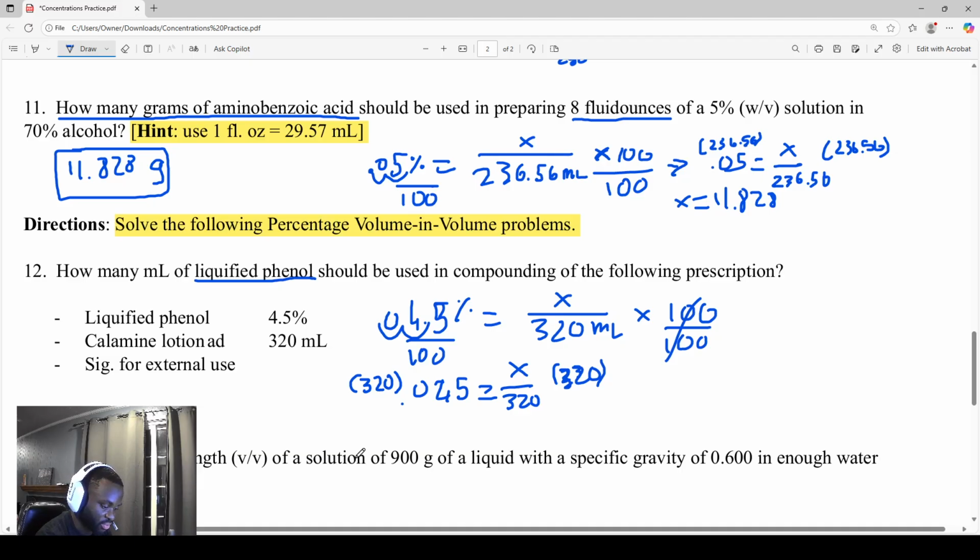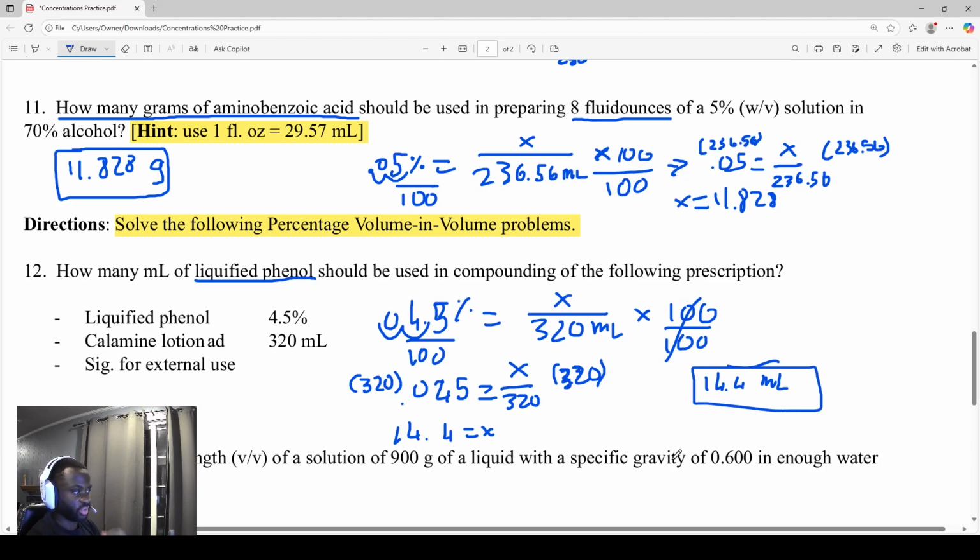Making our answer 14.4 equals x. That's going to be 14.4 milliliters. Making that our answer.